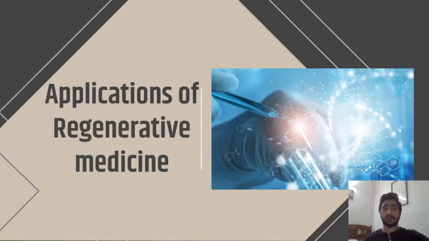At the end of my seminar, I want to talk about an application of regenerative medicine. Diabetes is one of the most chronic metabolic diseases, characterized by a high level of glucose in the blood, which can be divided into two etiopathogenic categories: type 1 diabetes mellitus and type 2 diabetes mellitus.